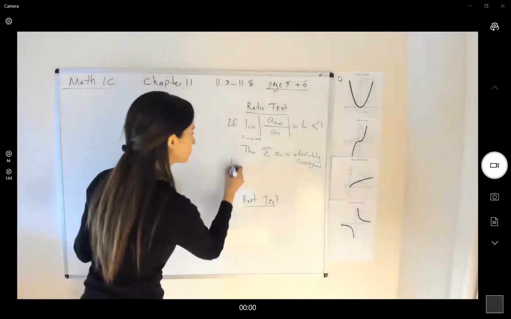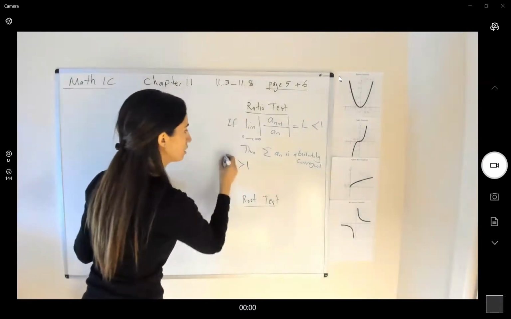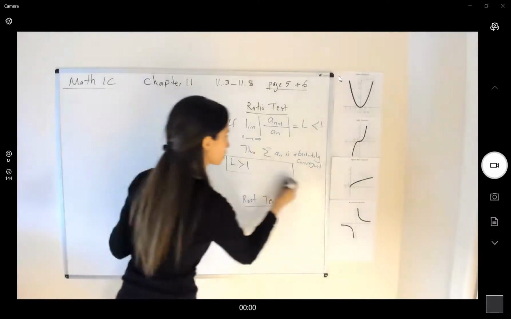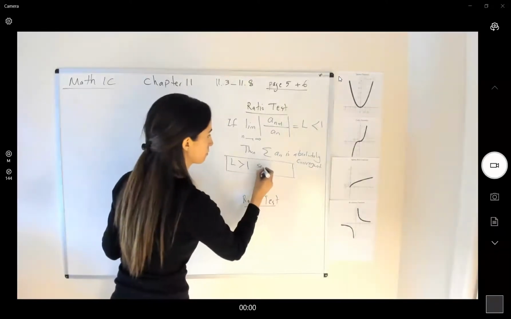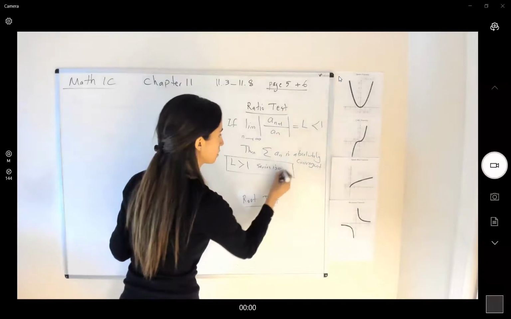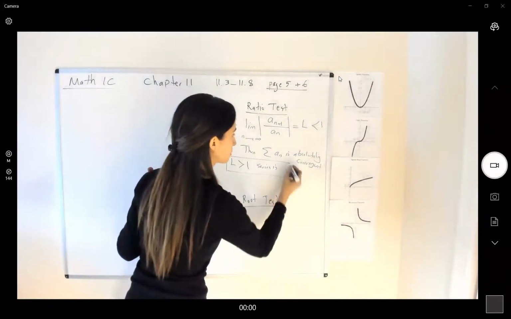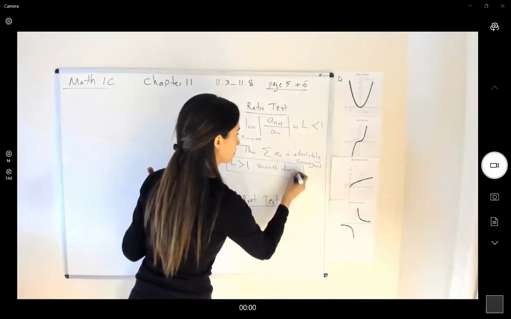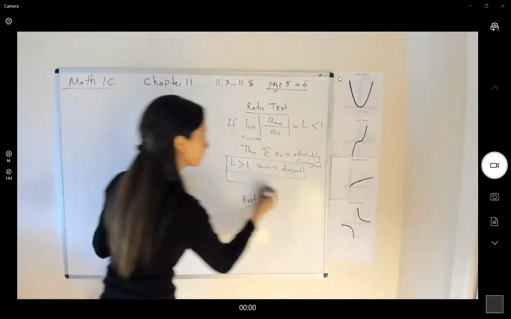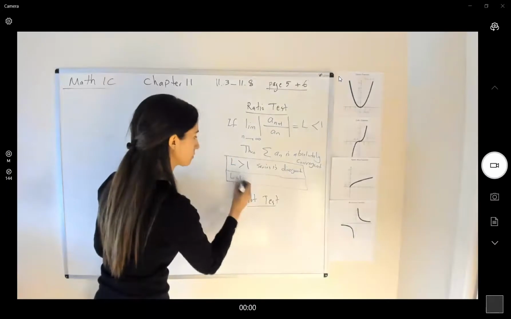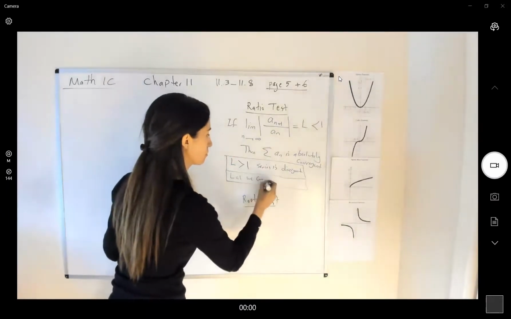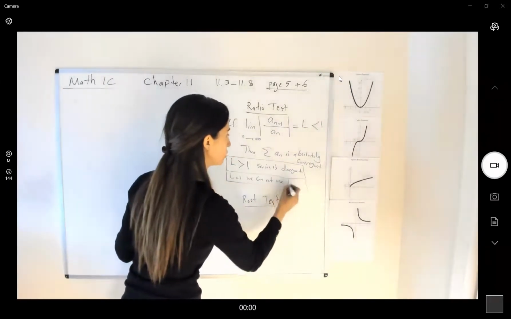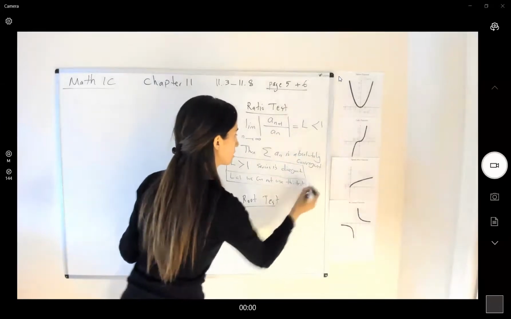If L is greater than 1, then your series is divergent. And if L is equal to 1, we cannot use this test.